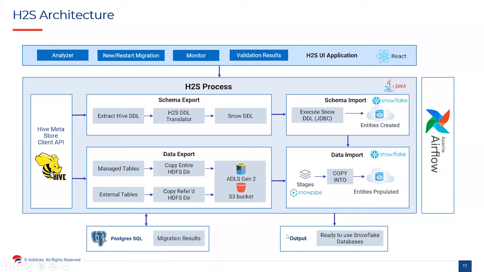The backend processes, which is where most of the secret sauce and heavy lifting happens, are modularized into 4 main pieces. The first one is schema export, the next one is schema import, then data export and data import. This modularization is a key part of the architecture. It allows us to run only the required modules.